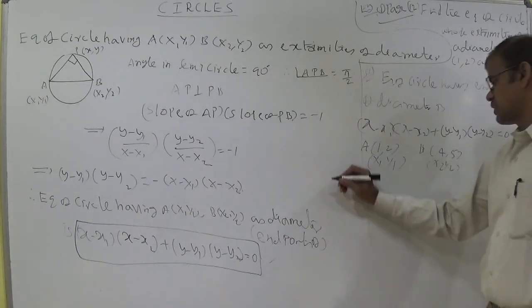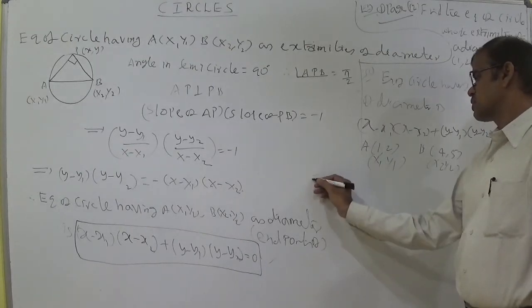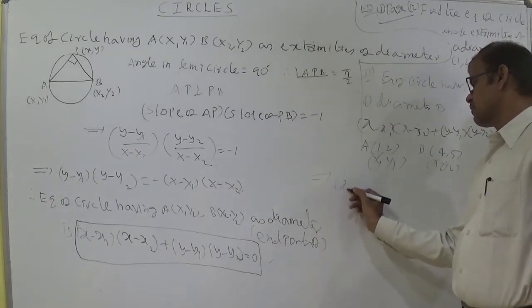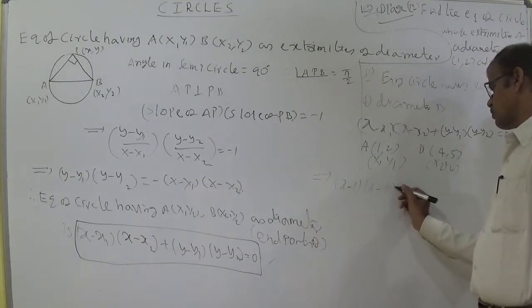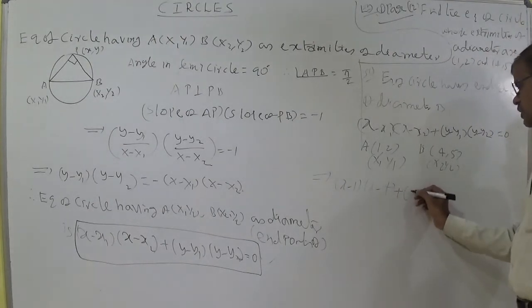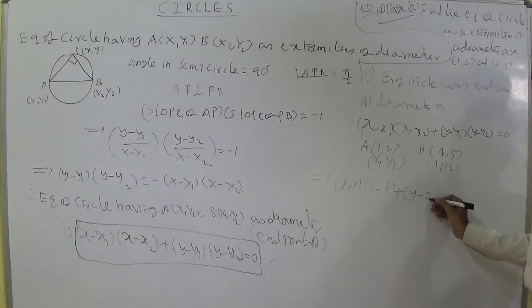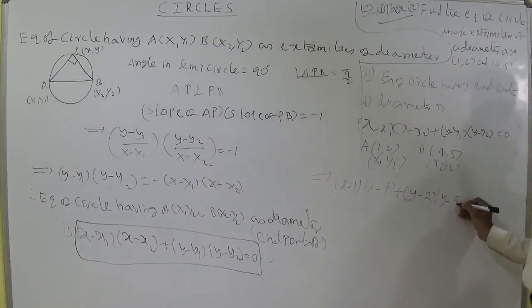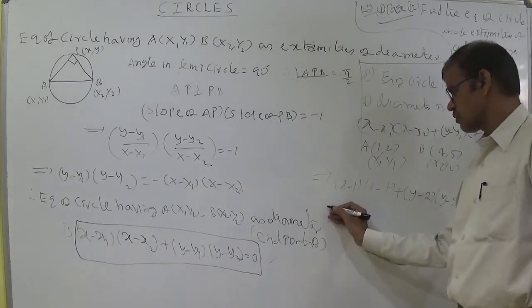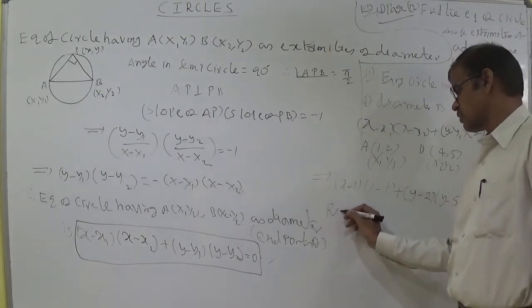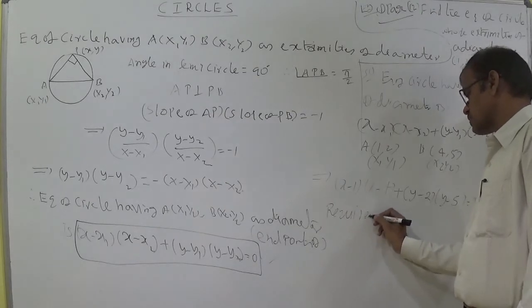So the equation of circle I am writing here: (x minus 1) into (x minus 4) plus (y minus 2) into (y minus 5) equal to 0. By multiplication we can get the required equation of circle.